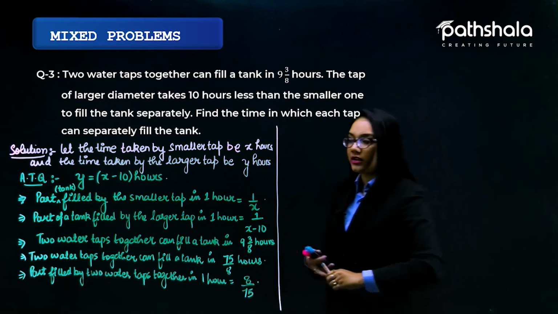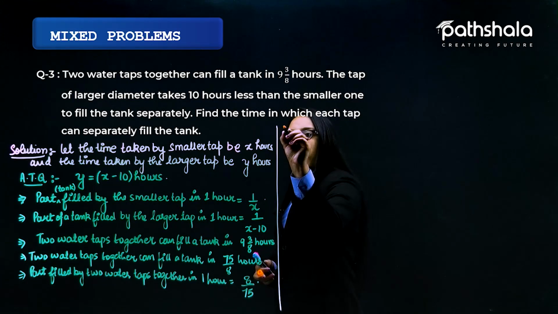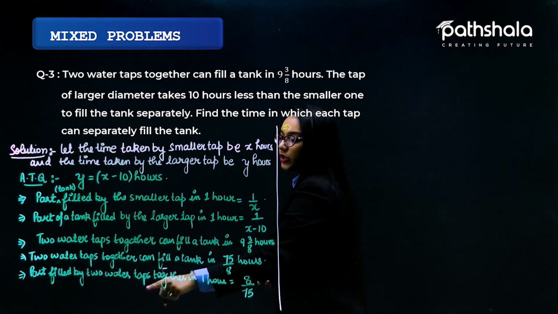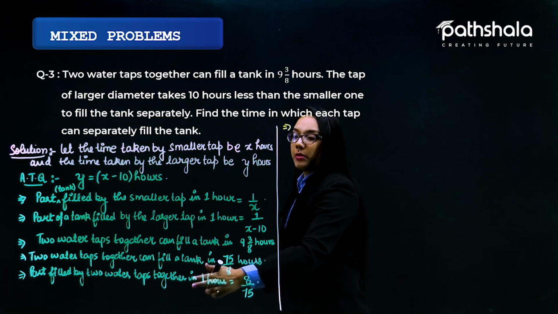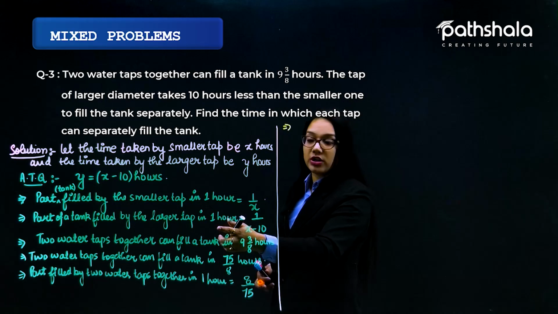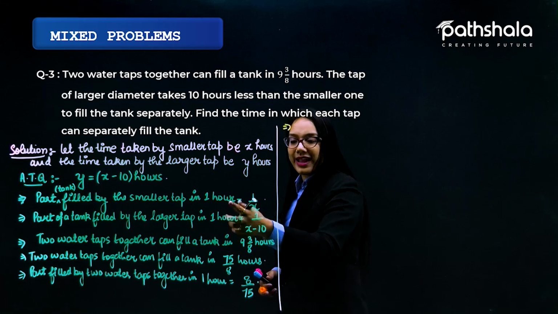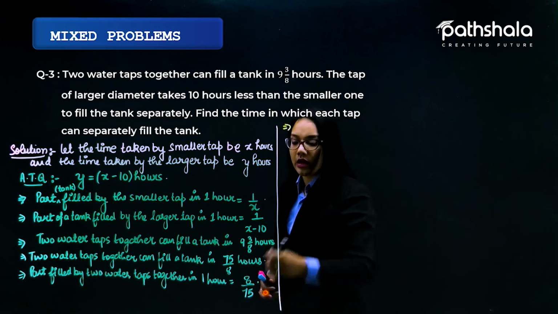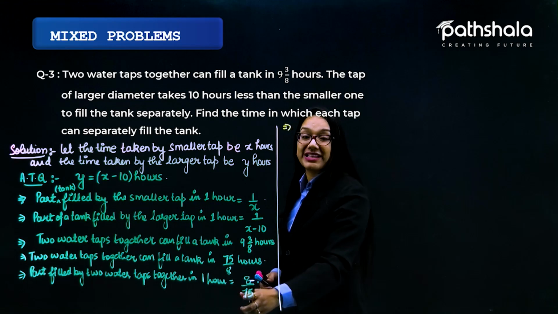And again, using this condition, we can say that it says part which is filled by the two water taps. It means we are talking about the tap having the smaller diameter and the one which is the larger. So both of them together are filling the part of a tank in 1 hour, which is equal to 8 by 75.